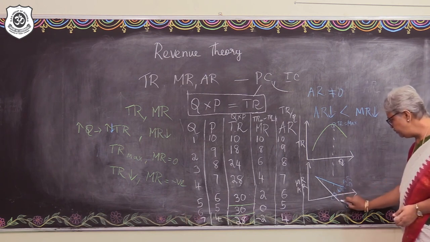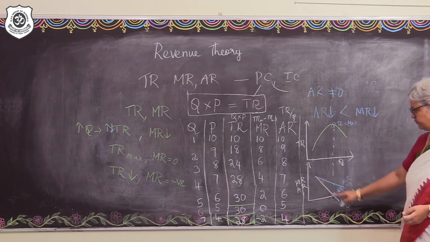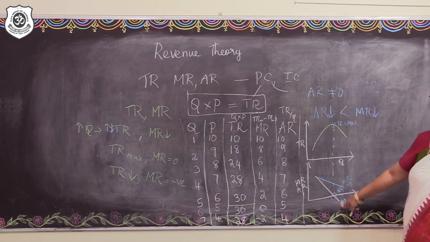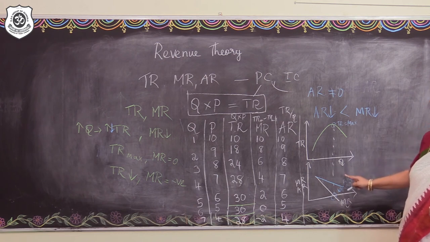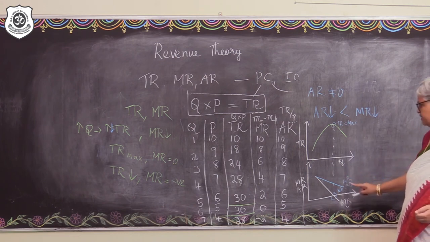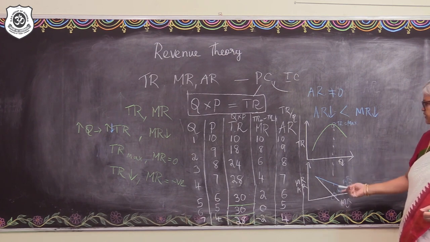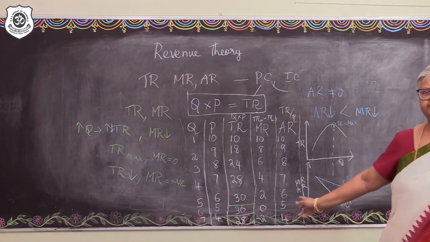This is your marginal revenue curve. It falls, becomes 0 and goes on to the negative quadrant. Even as the MR becomes 0 and negative, AR continuously falls but never becomes 0 or negative. And it will still lie in the positive quadrant. So these are some observations that we can make from the diagram.